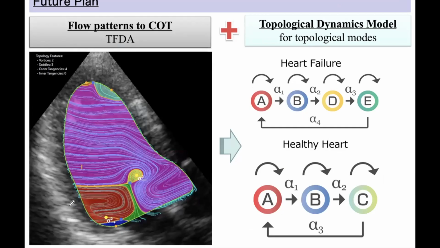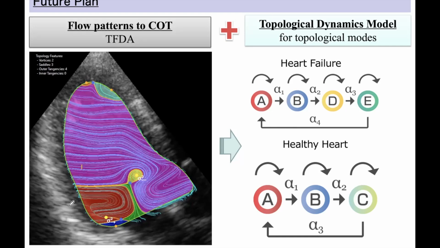We have obtained a flow pattern at each time step, so we have a time series of the variation of the flow. When we focus on the topological vortex structure as a topological mode and track its change, we can create a transition diagram, as I explained in the first part.